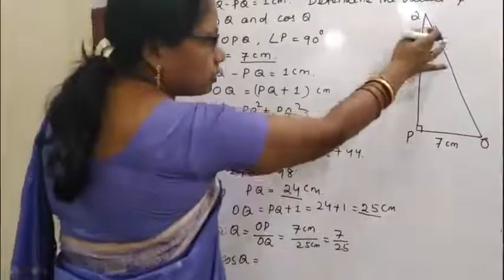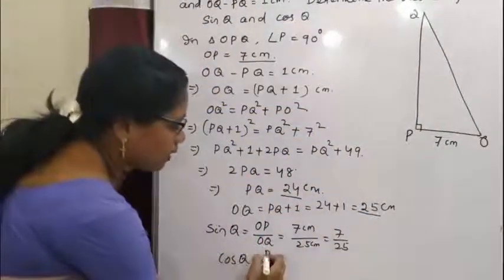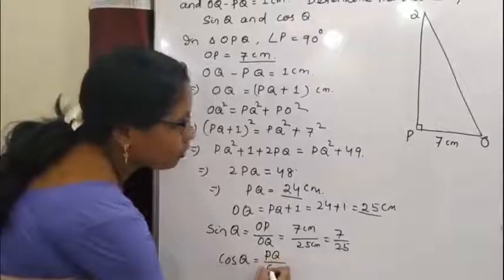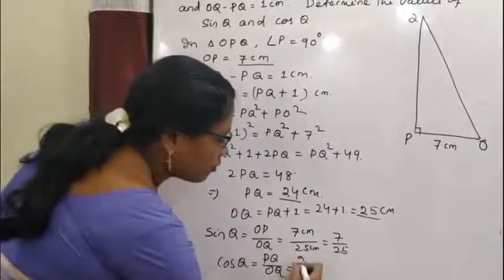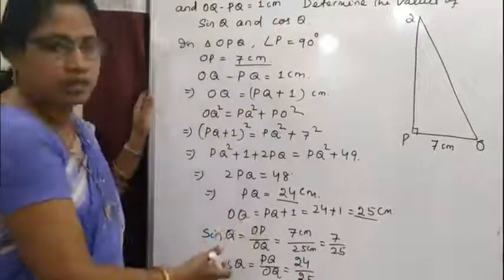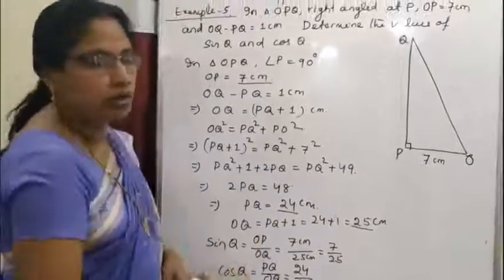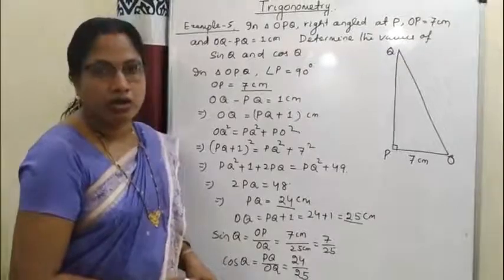Cos Q is equal to adjacent side by hypotenuse. So PQ by OQ. What is PQ? 24. So 24 by 25. So these are the sin Q and cos Q. So in this way you can apply the trigonometric ratios to solve any problems.